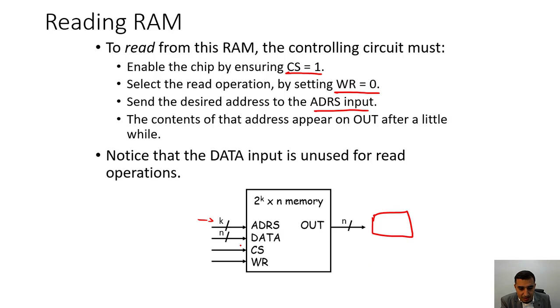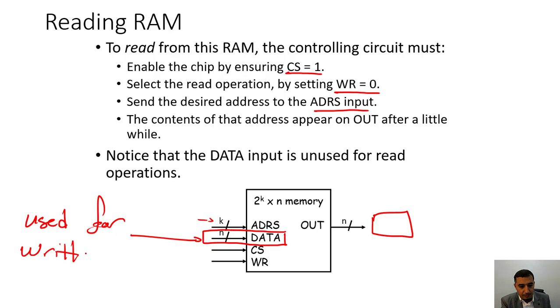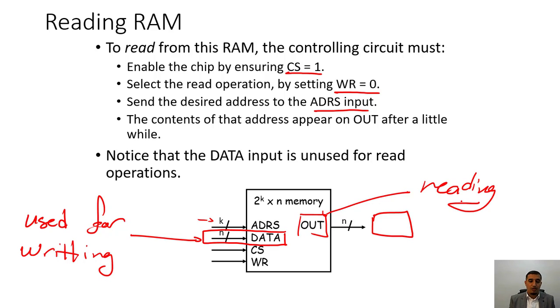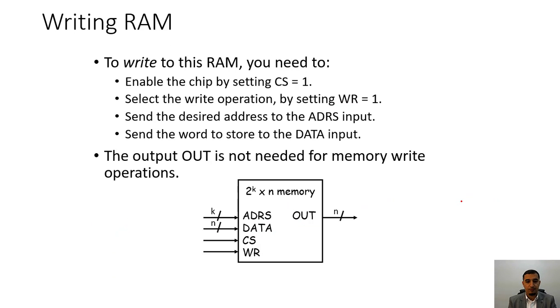Notice that the data is not used. Why? Because this data is used for writing only. The out is used for reading. So you have something for writing and you have something for reading.